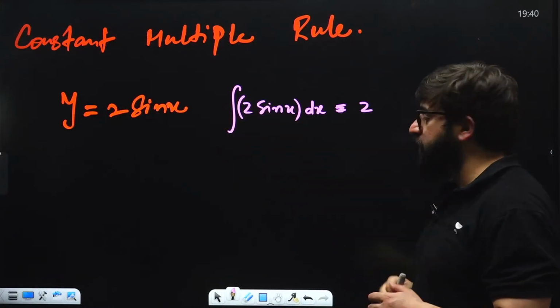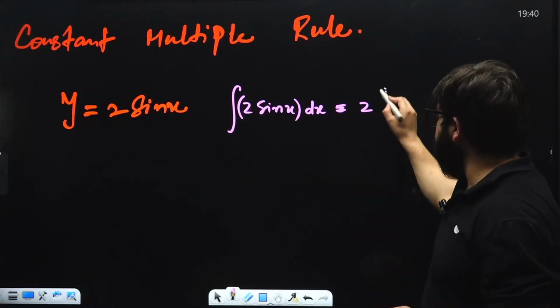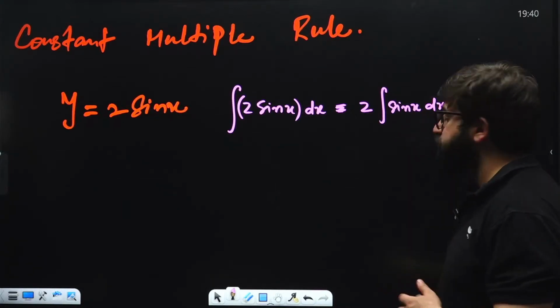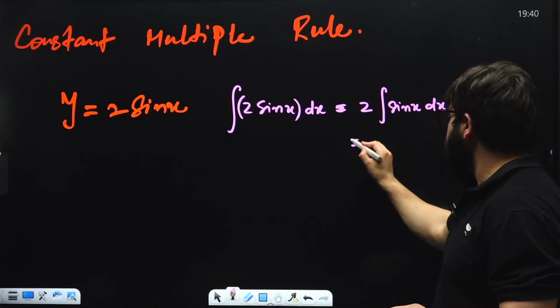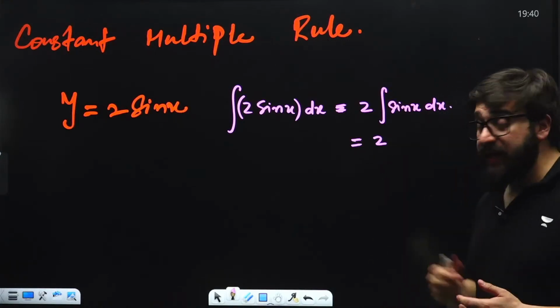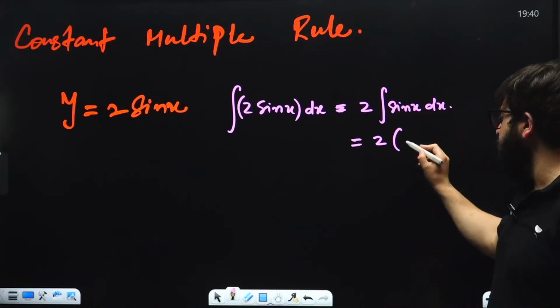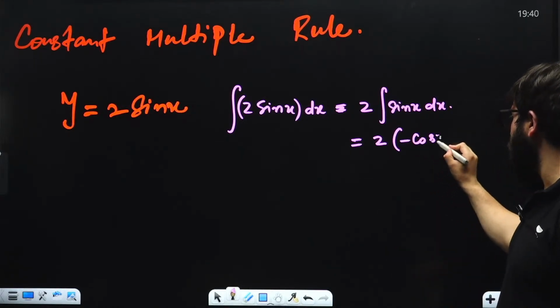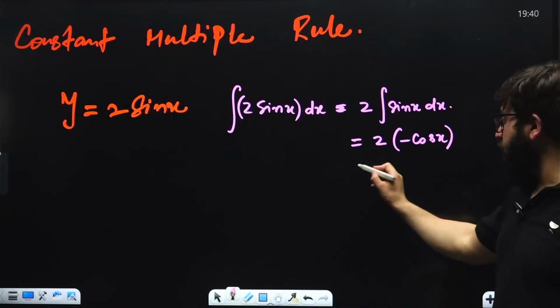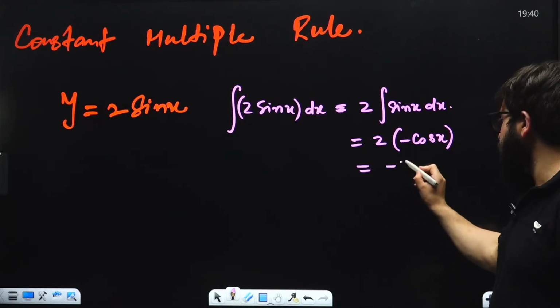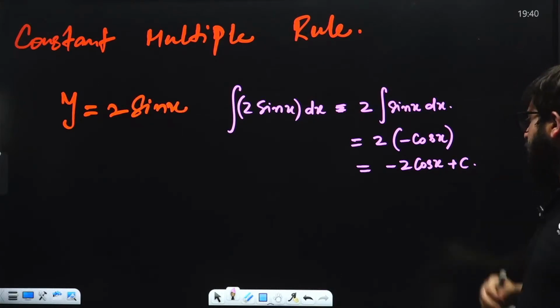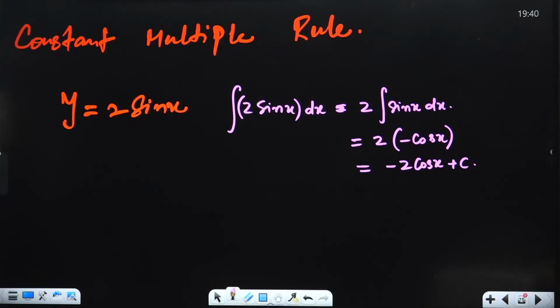Here also we'll take the constant out. Then we say integration of sine of x dx. Now here, this is 2. Integration of sine x will be simply minus cos x. So it will be simply minus 2 cos of x plus c.